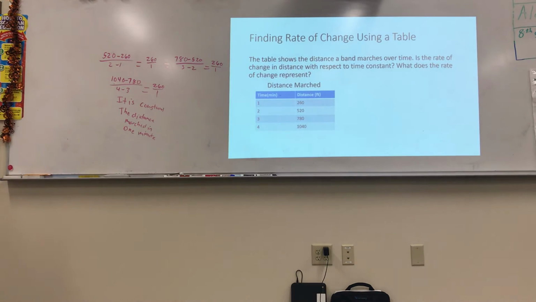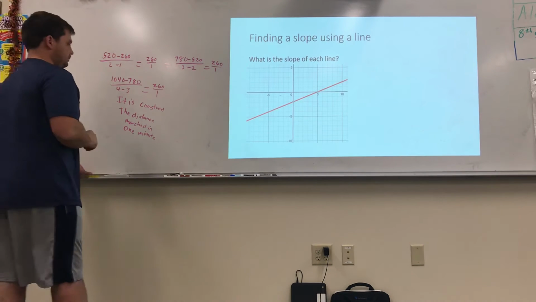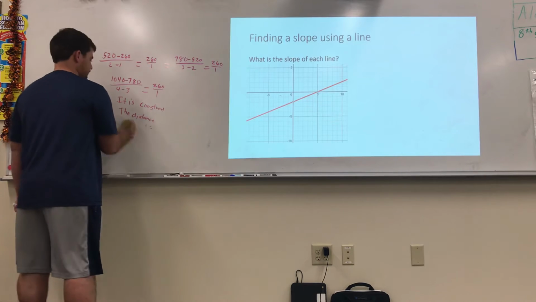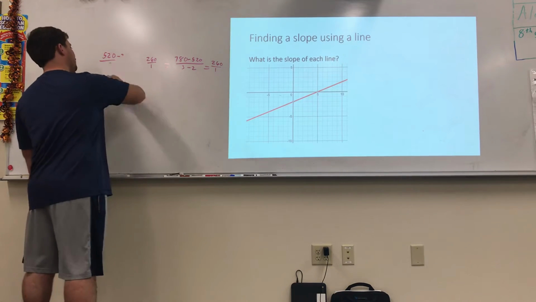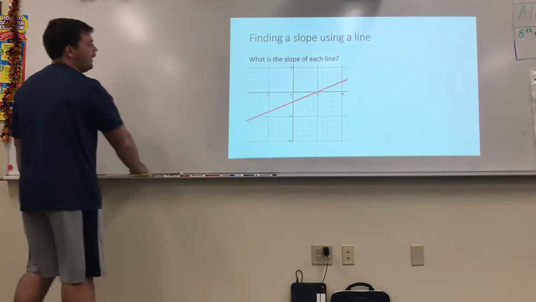Okay? Good. Now, what is the slope of each line? Changing gears a little bit. I found a constant rate. Now we're going to do what is the slope of each line.